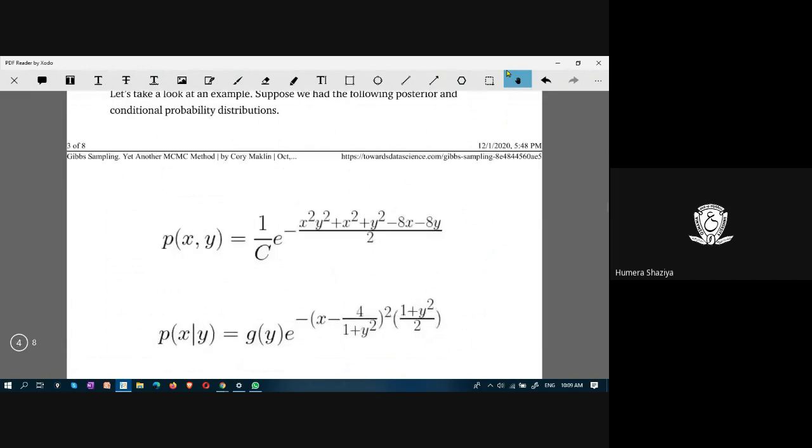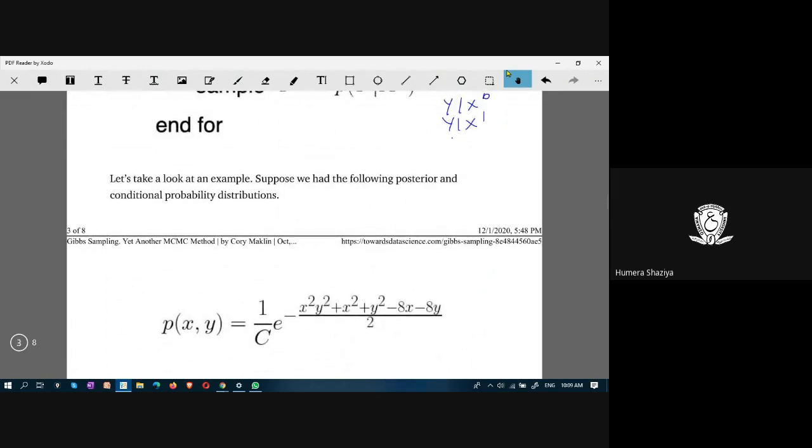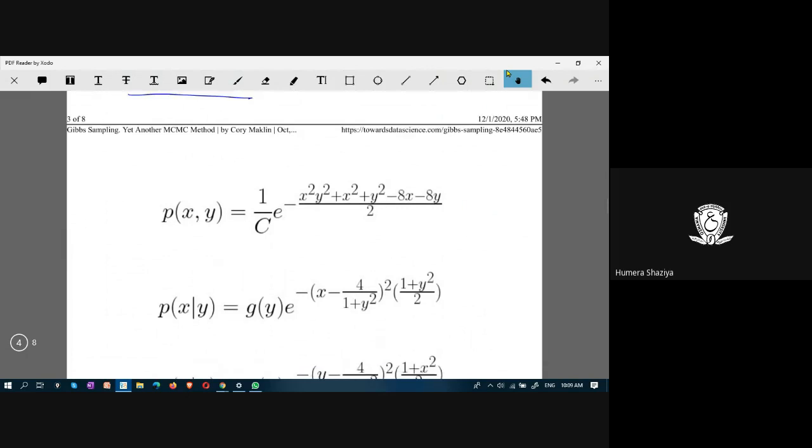And these are the posterior and conditional probability distributions. The joint probability is xy equals 1 over c, e to the power of minus (x squared y squared plus x squared plus y squared minus 8x minus 8y) over 2.